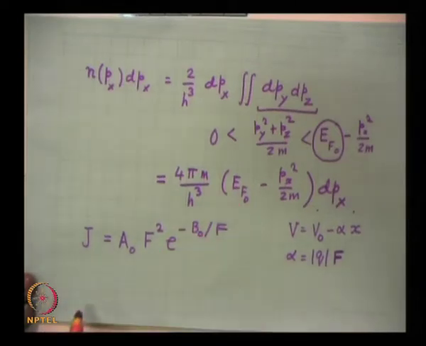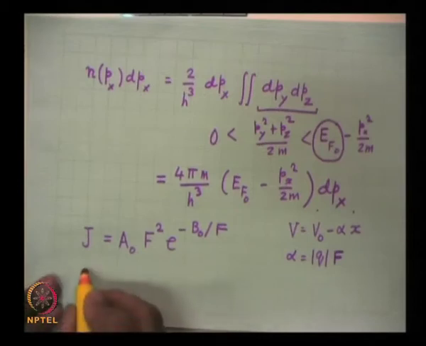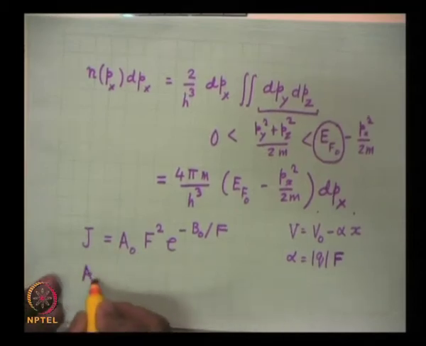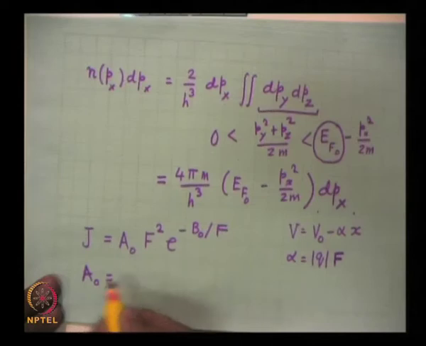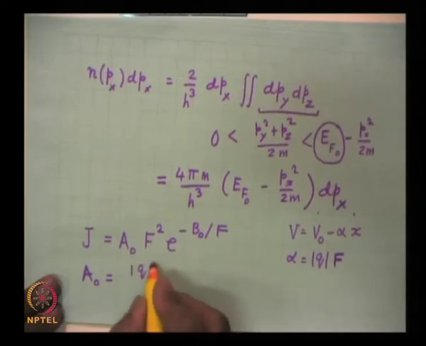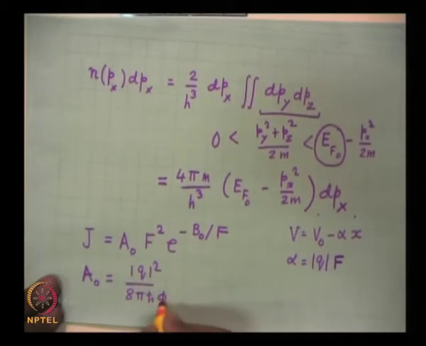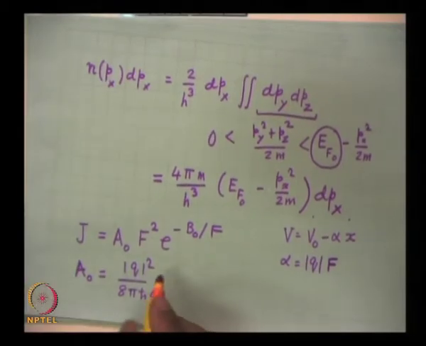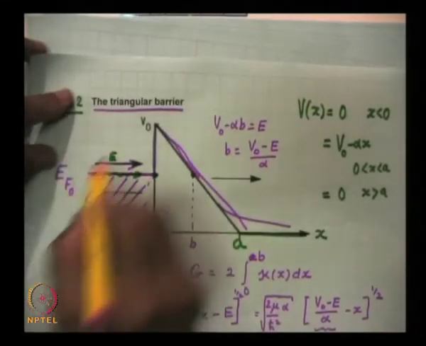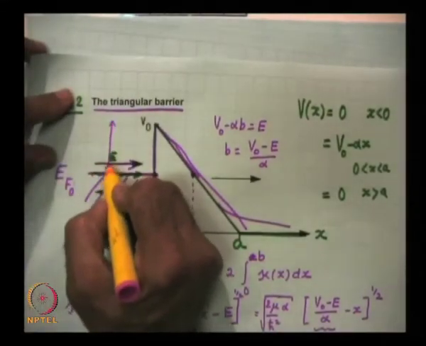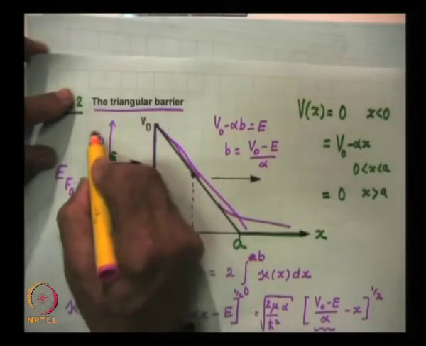Here A 0, if you do the calculation, comes out to be mod q square by 8 pi h phi, where phi is the work function, and this quantity is the work function phi.